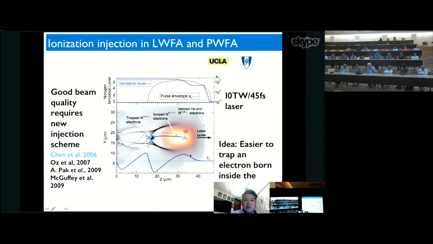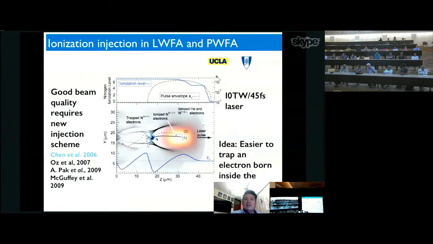So there's a similar idea here: in order for a particle to be trapped, the difference in potential from where it started, which would be in front of the laser, to where it ends up in the back has to be sufficiently large, which can be very difficult to achieve. However, if you ionize an electron, create it inside the wake, where the potential is large, basically here, then it's much easier to trap and easier to control.